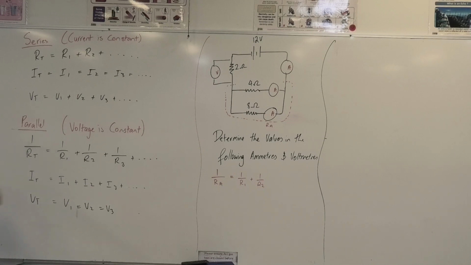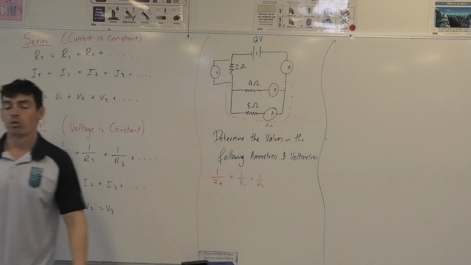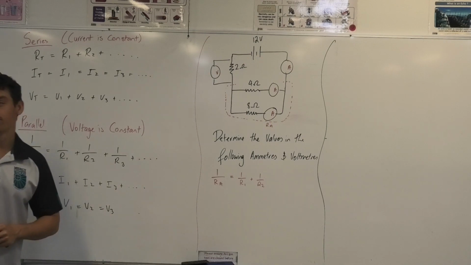Water pipes where the battery's like the pump, the voltage. The size of the pipe is the resistance. So if you've got a small pipe, you've got a high resistance. What's inside of the pipe? That would be water. So the current's our water.